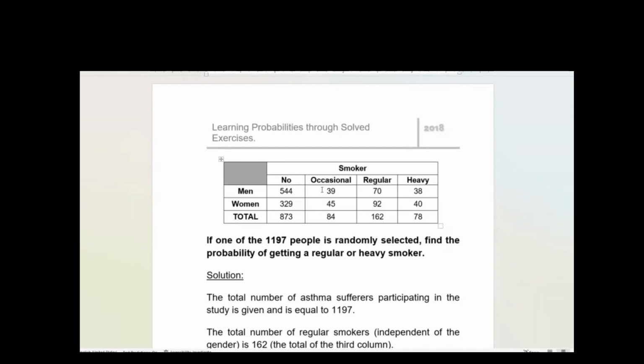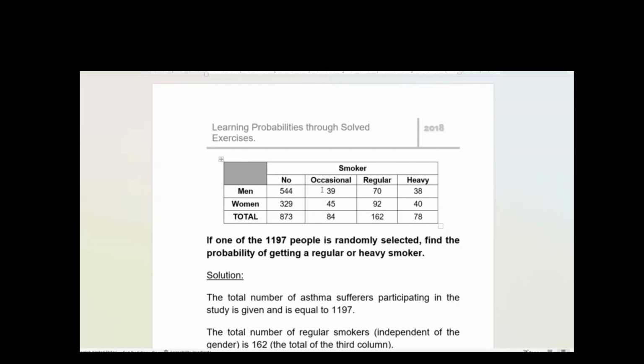If you find the totals of all the columns, you get that non-smokers are 173 in total, occasional 84, regular 162, heavy 78. Now, if one of the 1,197 people is randomly selected, find the probability of getting a regular or heavy smoker.